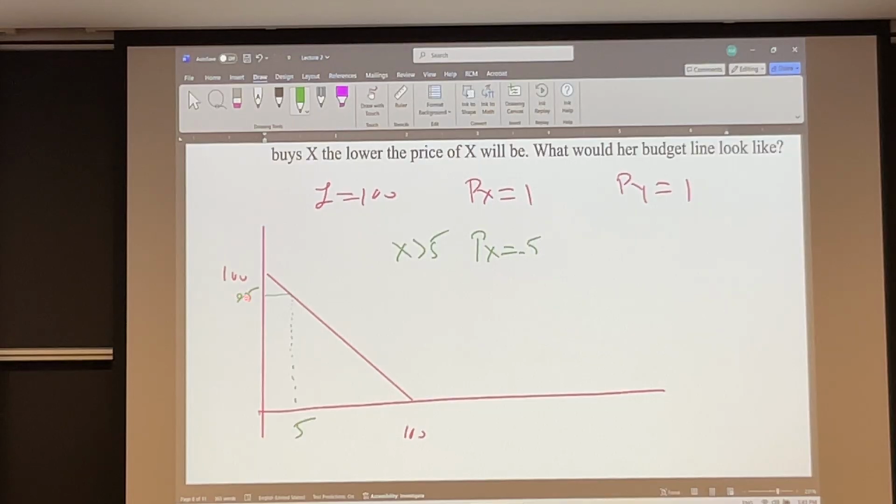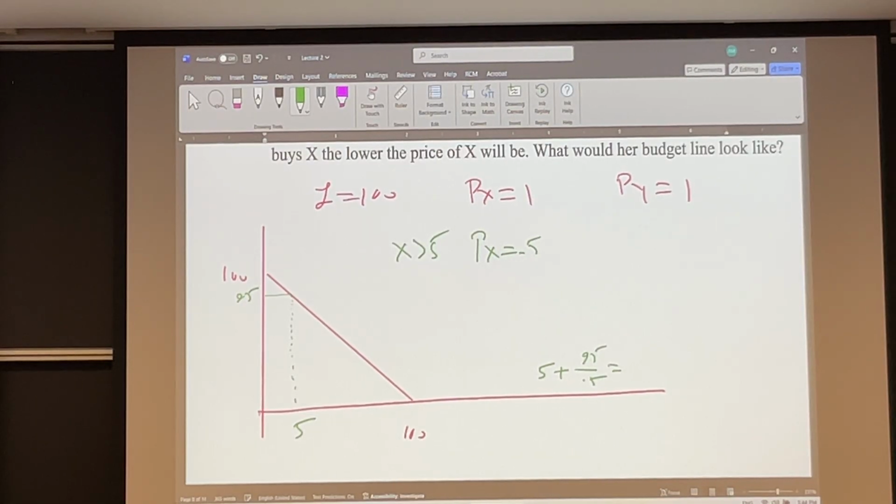Suppose you want to take it and just buy X with it. How many units can you buy? Suppose you just want to use all your money and buy X. You already bought 5 units at $1 each. You're left with 95 bucks. Each one costs 50 cents now. That's the maximum X you can buy.